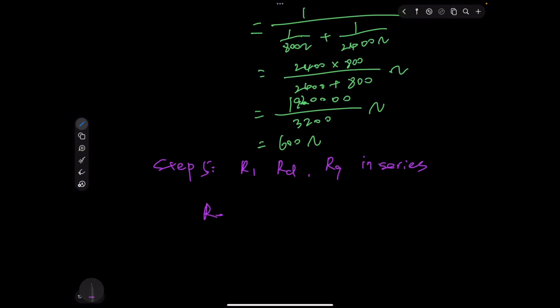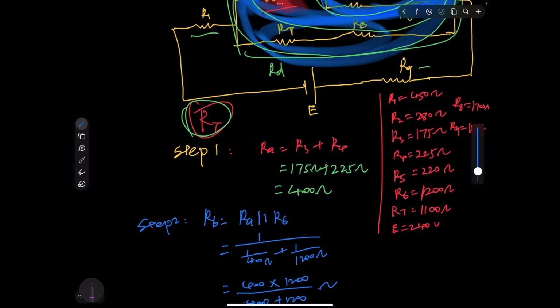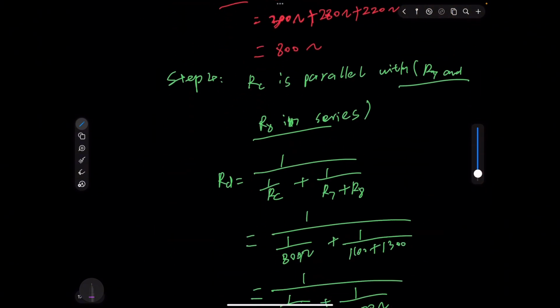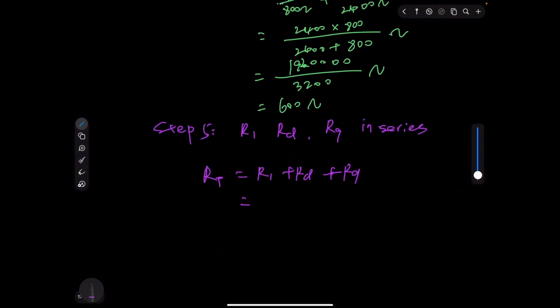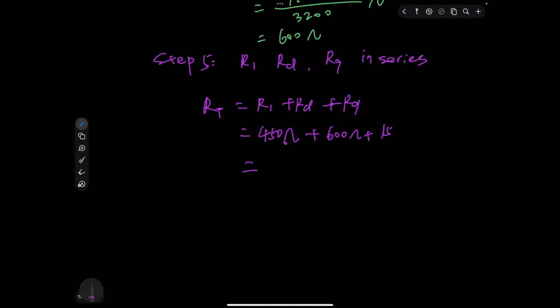So RT equals R1 plus RD plus R9. R1 is 450 ohms plus 600 ohms plus R9, which is 150 ohms. So the total will be 1200.